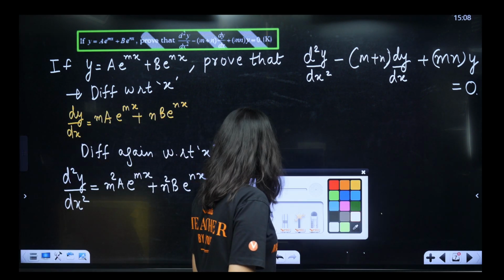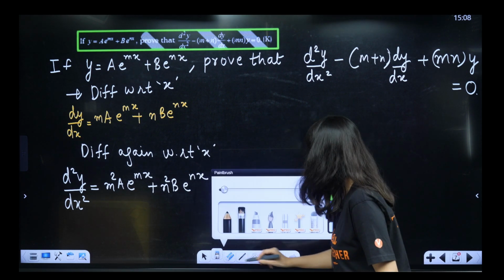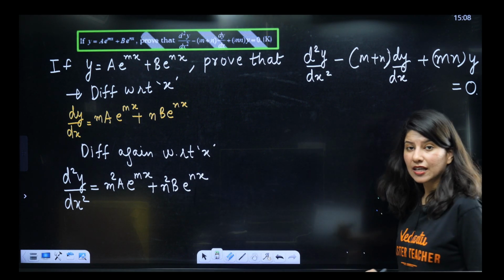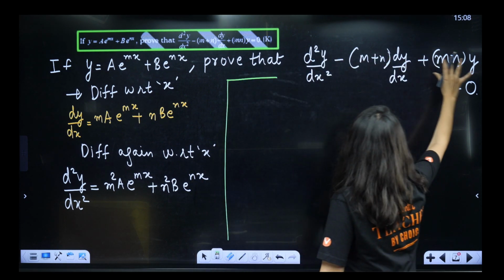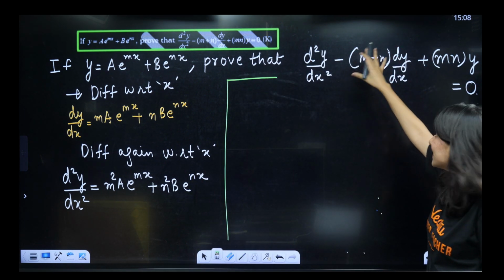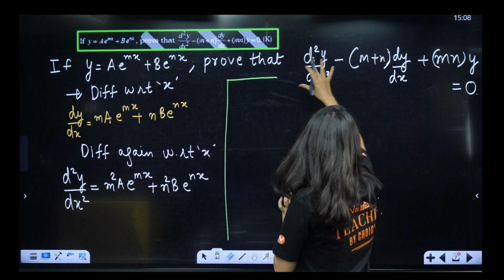Now unfortunately for this question, what you have to do is plug in the values. So unlike the previous question, where you were automatically getting this, this time you have to prove that this is 0, so you have to plug in the values, okay? So this is the statement.